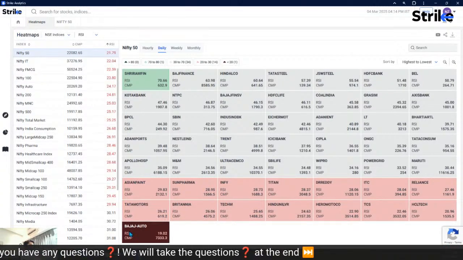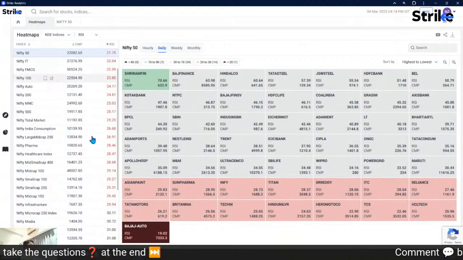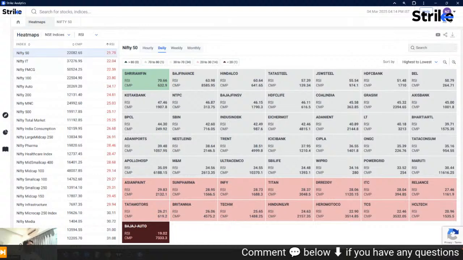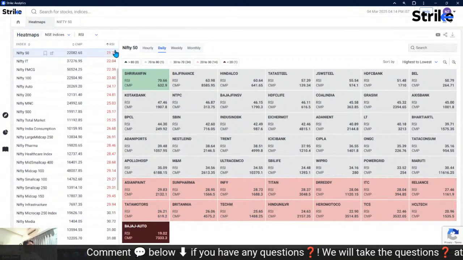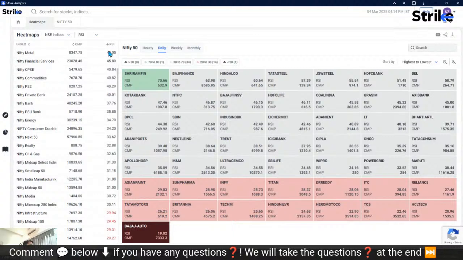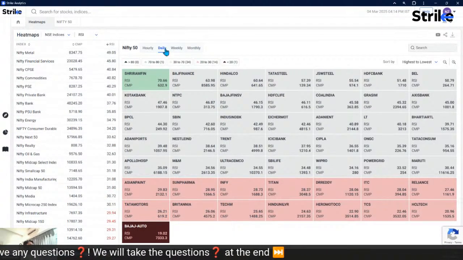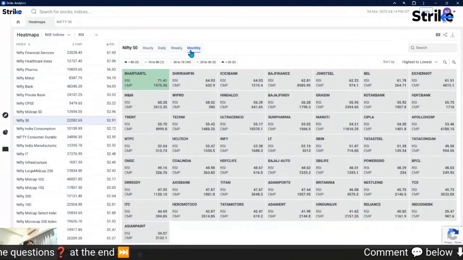So accordingly, you will get a list of all the indices whose RSI values you can see. You will get it in one click over here, be it daily, weekly, or even monthly.